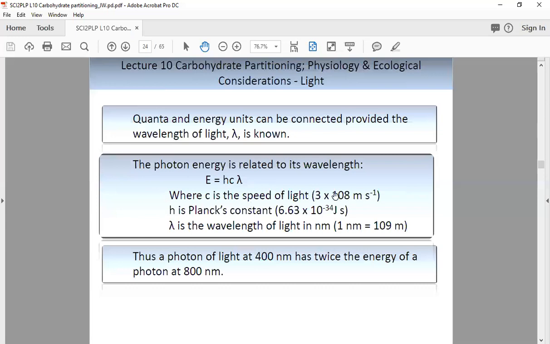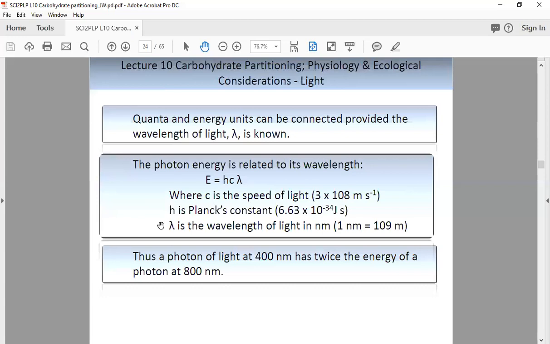There's a bit of a typo there, so that should be 10 raised to the power of 8. h is Planck's constant, so it's just a constant, 6.63 by 10 to the power of negative 34 joules per second. And lambda, of course, is the wavelength of light in nanometers.